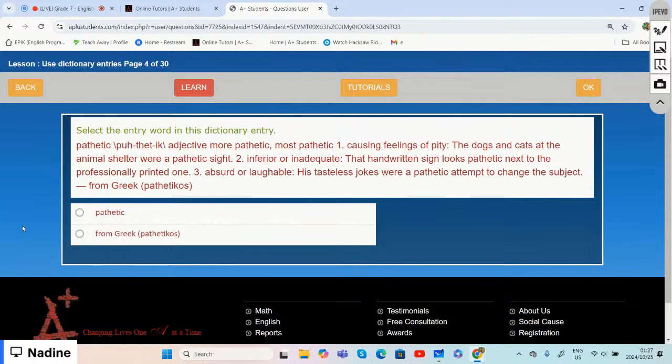All right. Now we need to select the entry word, the word that we had to look up. So the entry word within this dictionary entry.